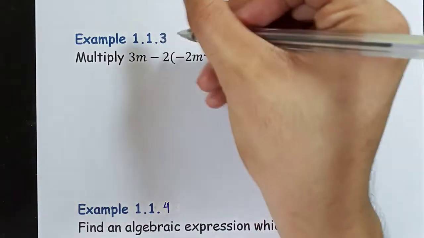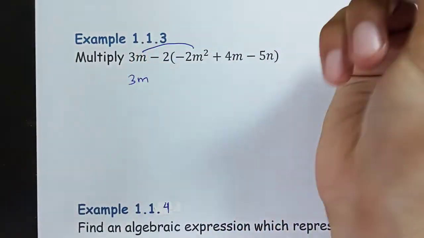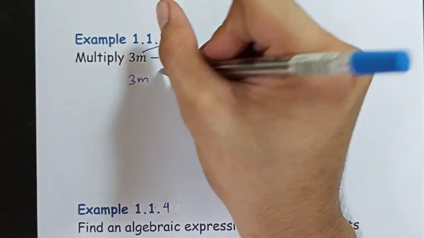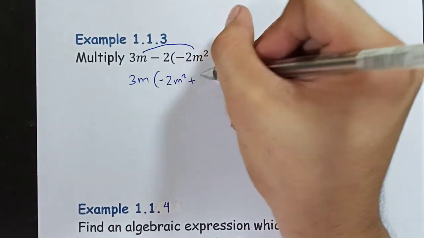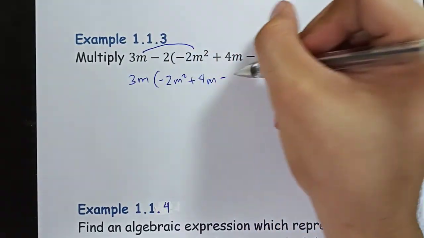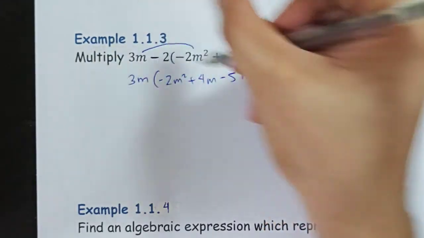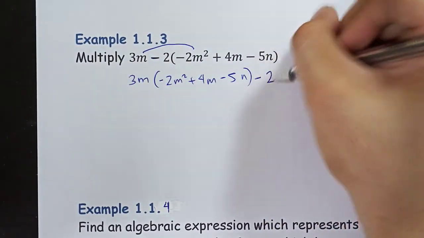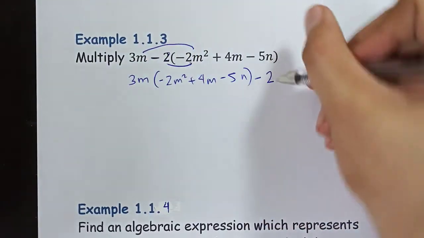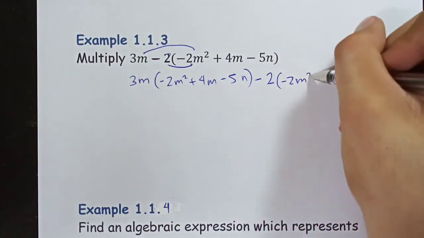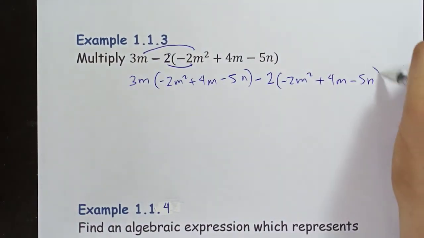So, ganito. 3m times the quantity of negative 2m squared plus 4m minus 5n. Then, copy this sign. Minus yung 2 times the quantity of this. So, negative 2m squared plus 4m minus 5n.